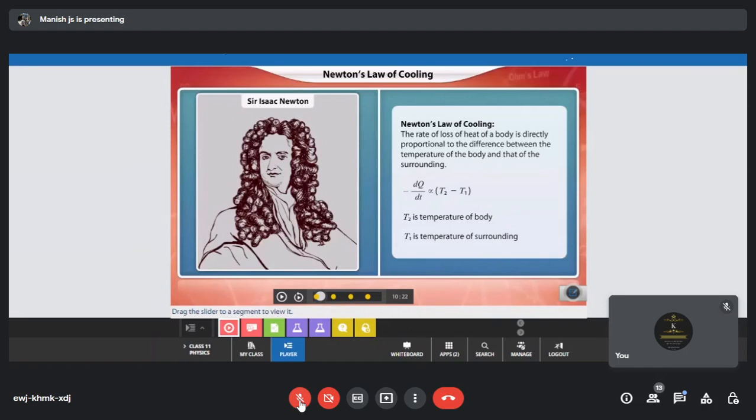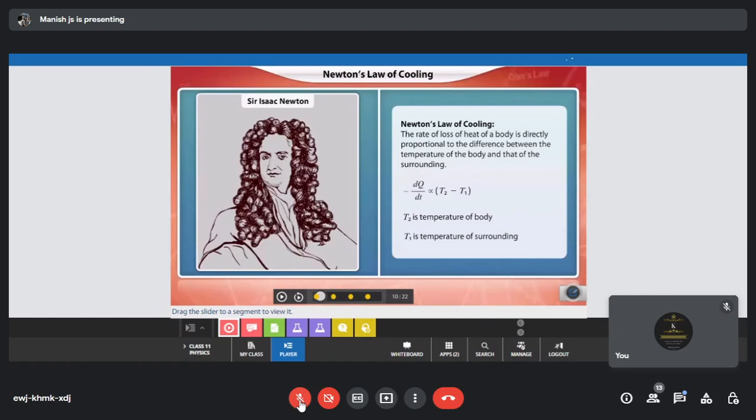Did you get an idea of Newton's law of cooling? Are you able to follow what Newton's law of cooling is? How it happens is what I just explained: there is heat loss from the hot body to the cold body. Here the cold body I am talking about is the surroundings. Remember that. I am not talking about bodies in contact with each other. When I place a cup of tea on a table, the tea is going to lose heat and the surroundings will gain the heat.